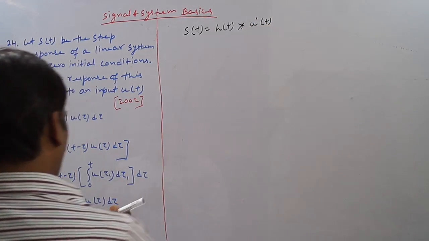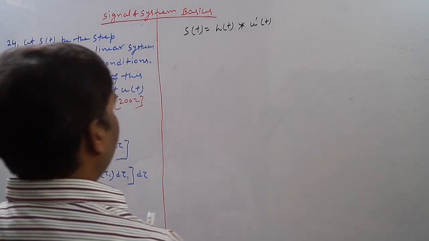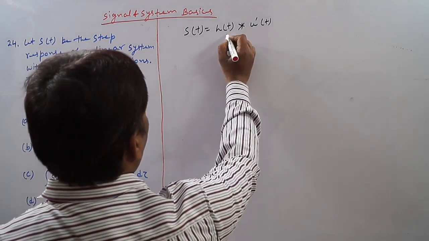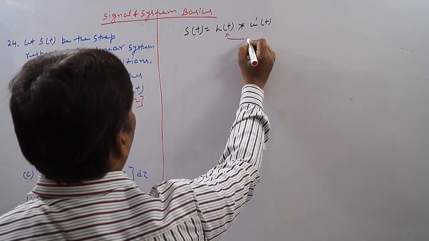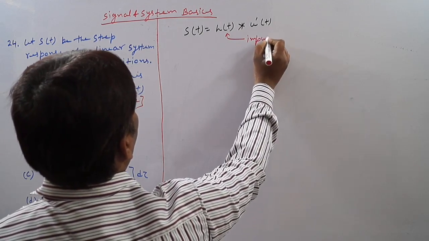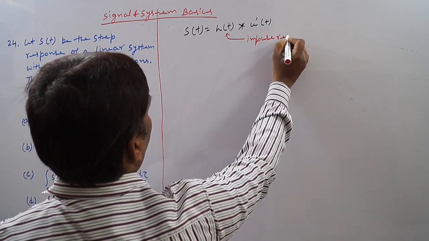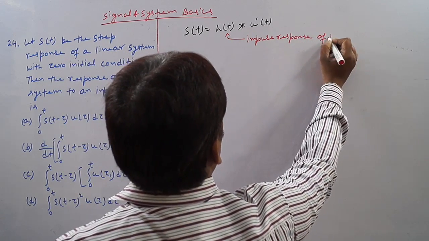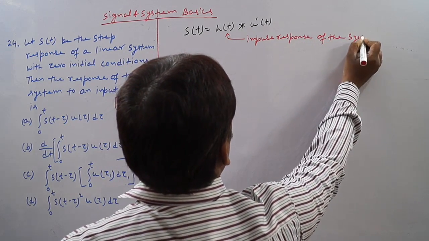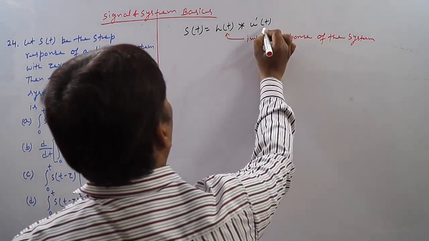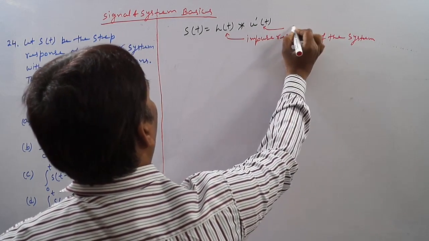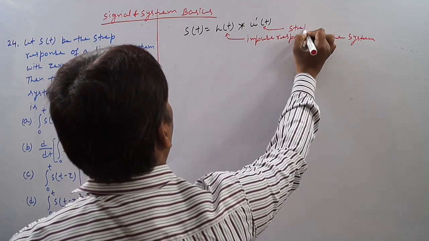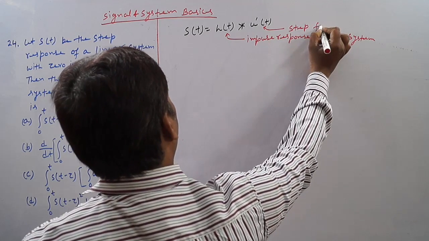Here h(t) is the impulse response of the system, and u dash t is a step input, or you can say a step function.